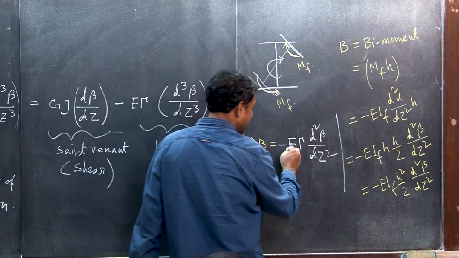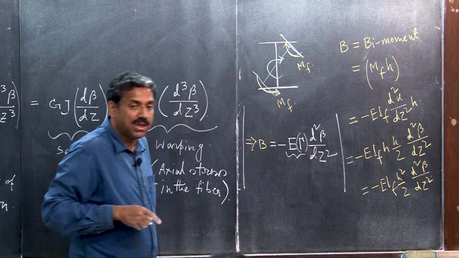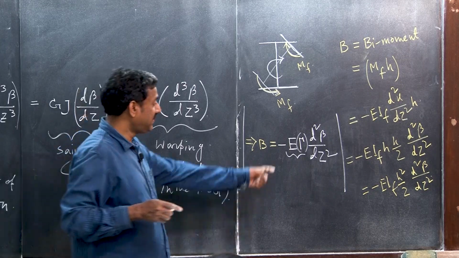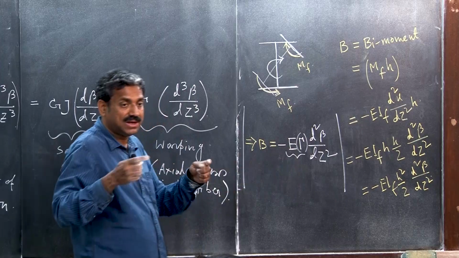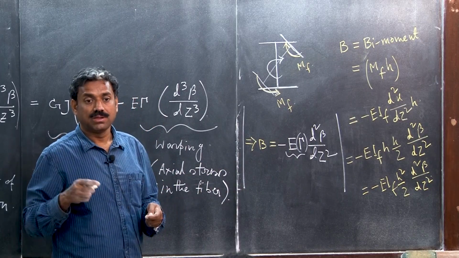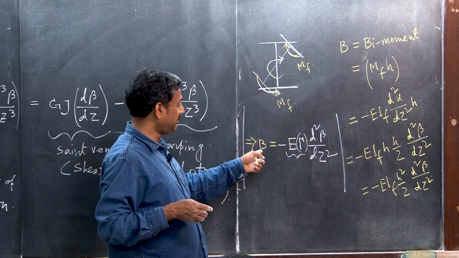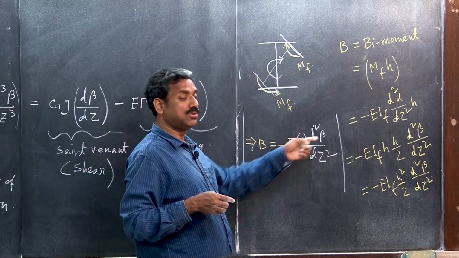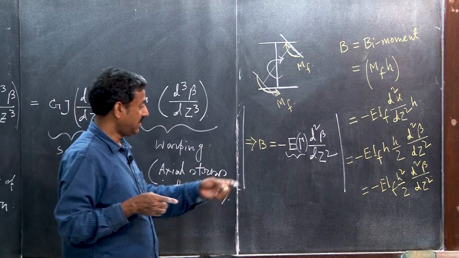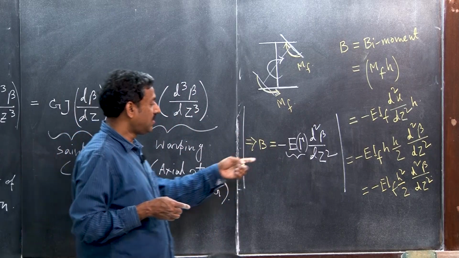You see that instead of I, this capital gamma is nothing but, in literature this is called I omega, the warping constant of the section. So, do you see how bimoment is related to the twist, and there is a separate formalism on how to calculate it.